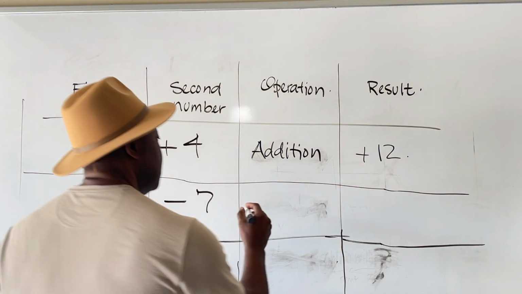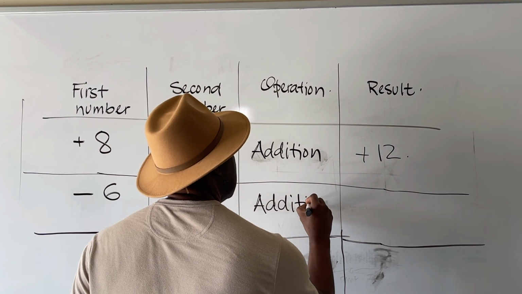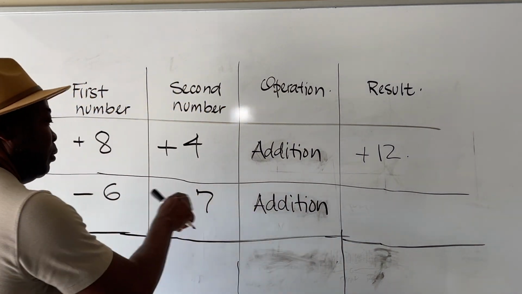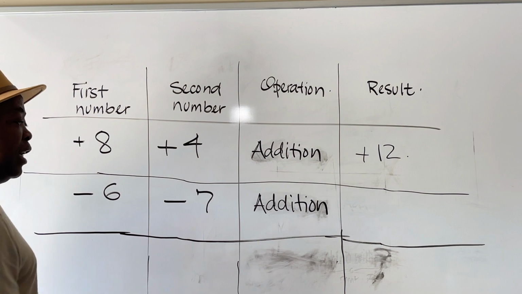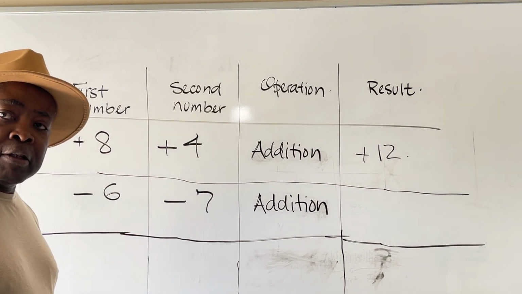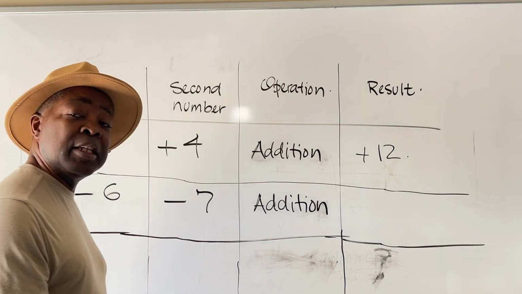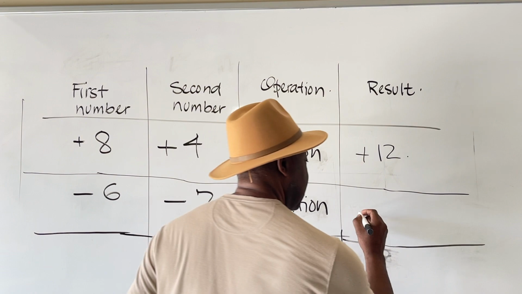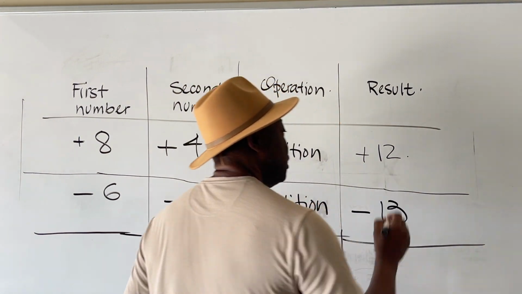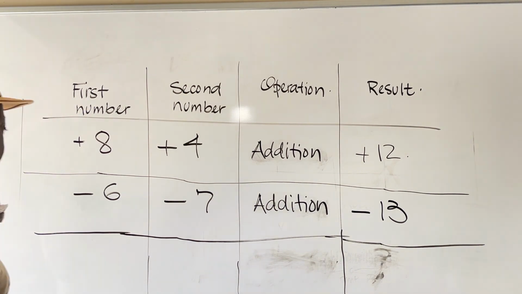Yes. Good. I have addition. Why do you think it's addition? Because they're the same sign. Exactly, because the two numbers have the same sign. I do addition. So what's the result? Negative 6 minus 7. 13. Exactly. 13, but what's the sign? Negative 13. Easy peasy. Very good.